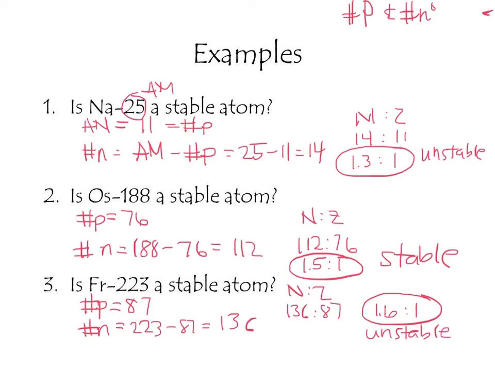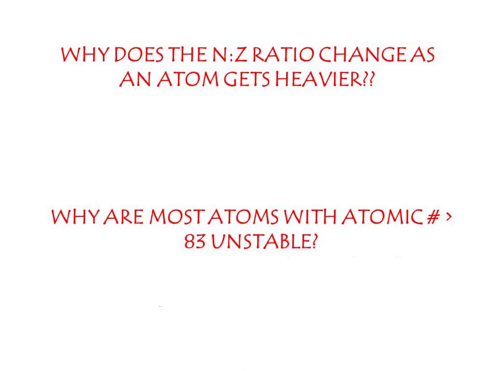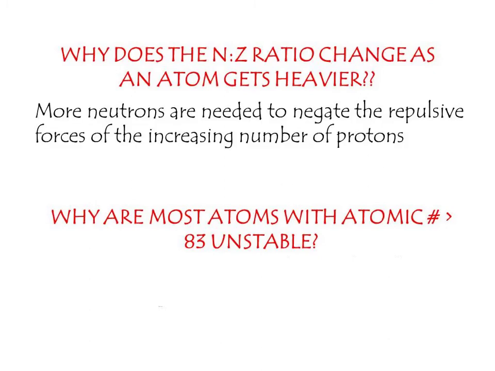Hopefully now that you know how to figure out the unstable, we can go ahead and move forward. So why does the N to Z ratio change as an atom gets heavier? This really is all about the number of neutrons. The more protons you have, the more repulsive forces you have, and so you have to have enough neutrons to negate that.